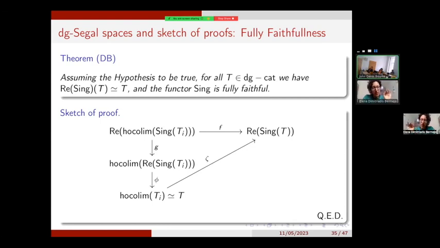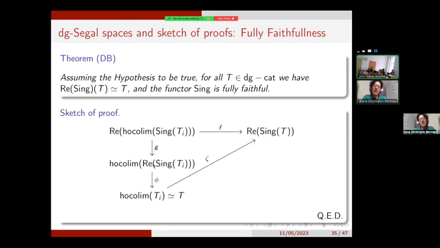And now we have enough to prove that the functor is fully faithful. So assuming the hypothesis to be true, we have this diagram. Let me talk you through it. First we have this arrow. We said that the homotopy colimit of Sing of T_i is DK equivalent to Sing of T. So assuming the hypothesis to be true, that is a weak equivalence, and it's imaged by R, still a weak equivalence.